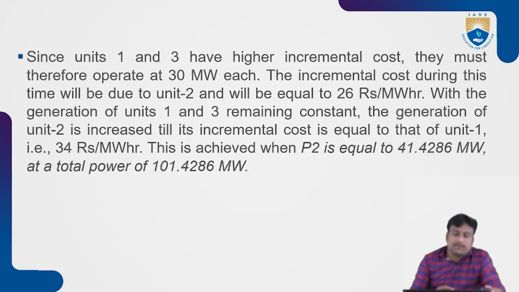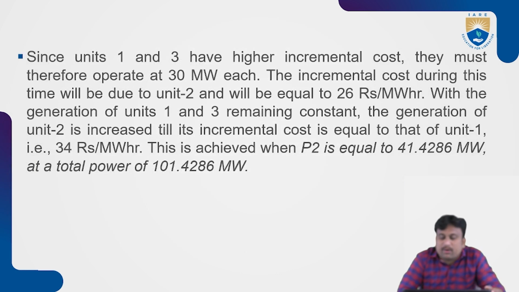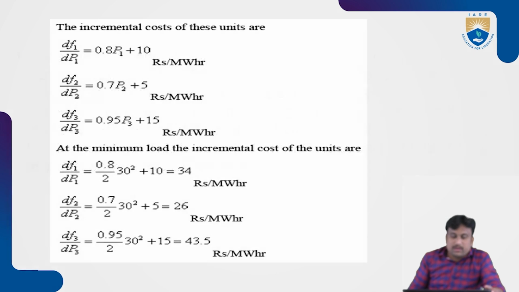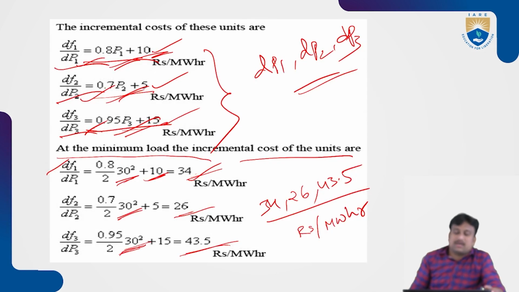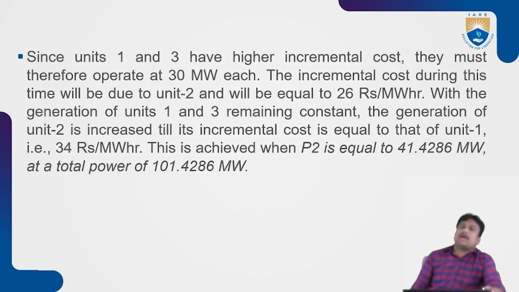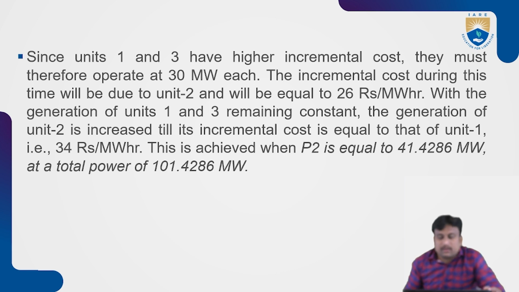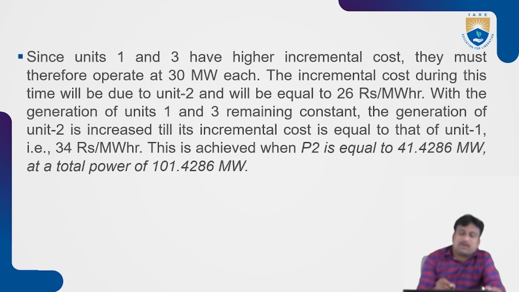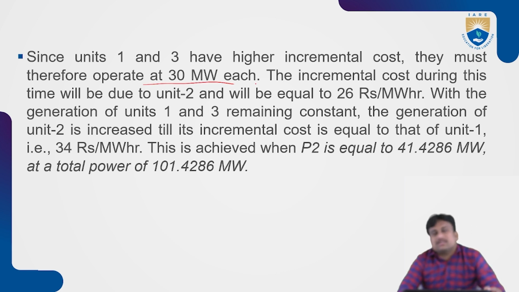Since units 1 and 3 have higher incremental costs, what is the incremental cost of the first unit? 34. What is the incremental cost of the third unit? 43.5. Means the first unit and third unit have higher incremental fuel costs. They must therefore operate at 30 megawatts each.